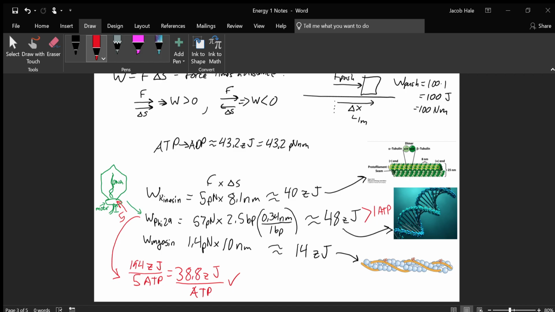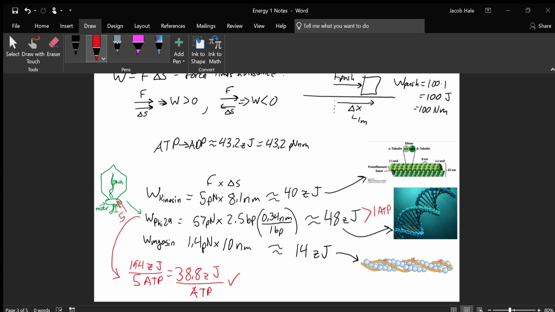Okay, so a better way of doing this is to take this work done, which is not the work done by 1 ATP, but times 4. It's the work done by 4 motors, but it takes 5 ATP.